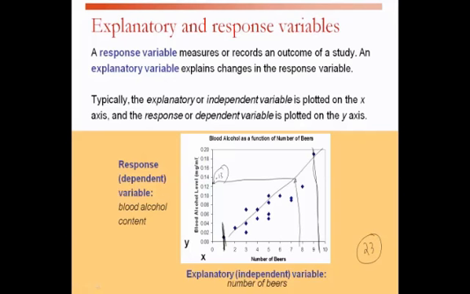The answer is, I cannot use this model to predict that. When you use a model to predict beyond the range of data that you have observed, it is called extrapolation, and you really have to be careful about that.